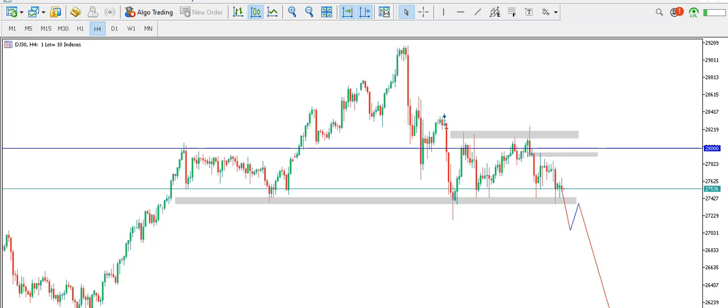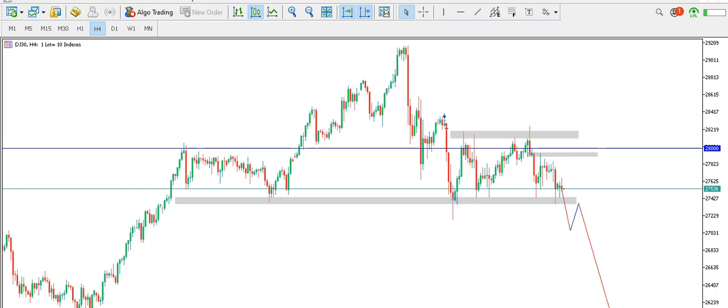Good. So whichever scenario overtakes, just know we will be targeting 26,000 zone. Good. And I think I'm done with that.